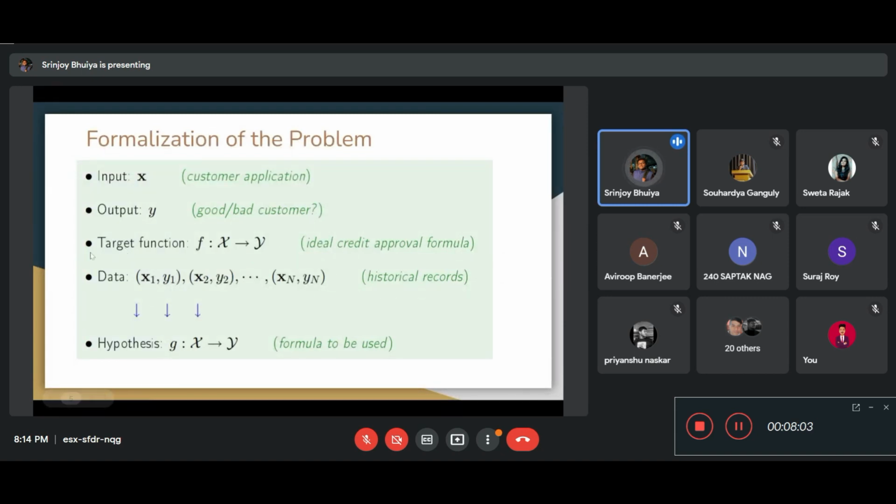We will try to map a function from x to y such that we can copy what the target function f will be doing. This is how we try to formalize the problem, because you can't think about a problem without breaking it down into mathematics or something you can understand. So we break it down into simpler concepts, like having data and mapping a function.